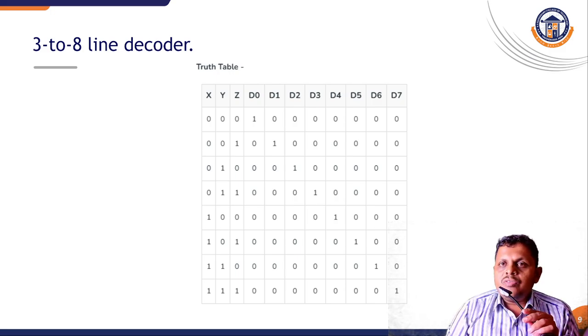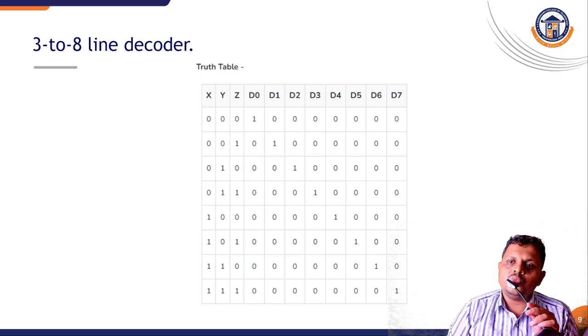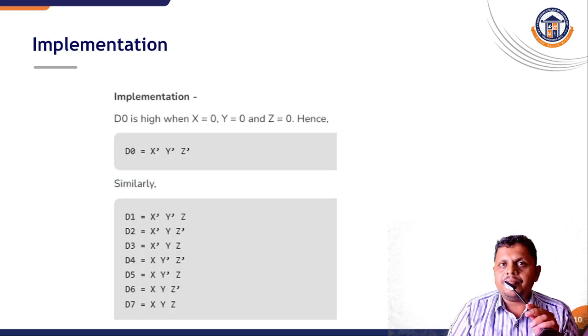So here the value of x, y, z that is 0, 0, 0 means only output d0 is output, and x, y, z, 0, 0, 1 means the z value alone is 1, so the output is given as d1, and the y value alone is 1, so the output is obtained from d2. Likewise, when x, y, z are all 1, we get the output from d7.